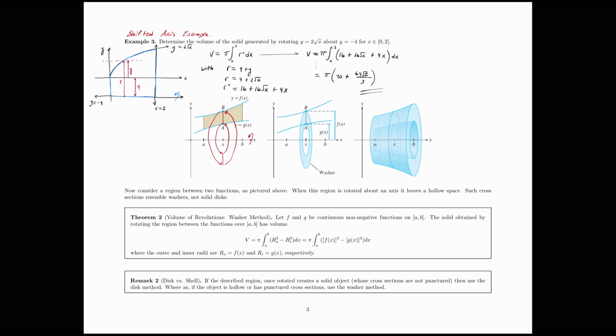So this region that I'm going to shade in red, this is solid. But this region here in blue is empty.